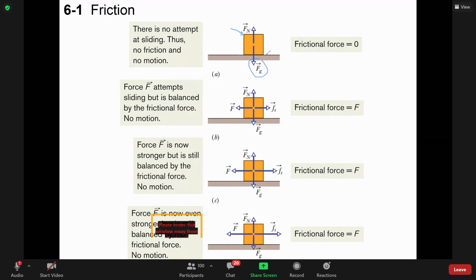And because I have a surface, I have a normal force up. Do you have any other force? Someone will say, but you told us there is friction. Yes, but the force of friction will not act unless there is an attempt of movement. I mean, in this situation, because there is no attempt to move the object either to the left or to the right, the force of friction is zero. So frictional forces here are zero because there is no attempt, there is no resistance.